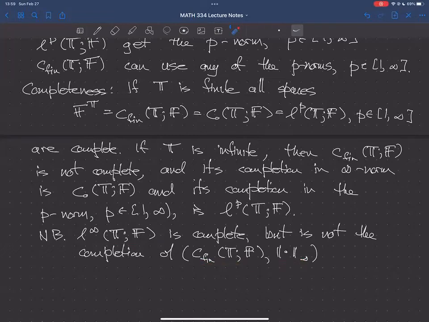And it's rather the same as the situation I talked about last time with C not being the completion of the rationals because C was too big. It's exactly the same kind of situation.